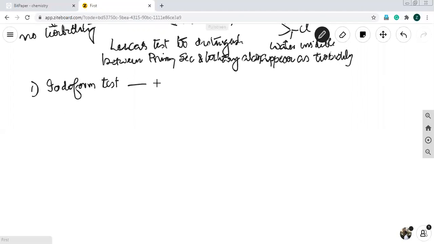What's the use? To identify this group or this group. Test number 2, Lucas test.